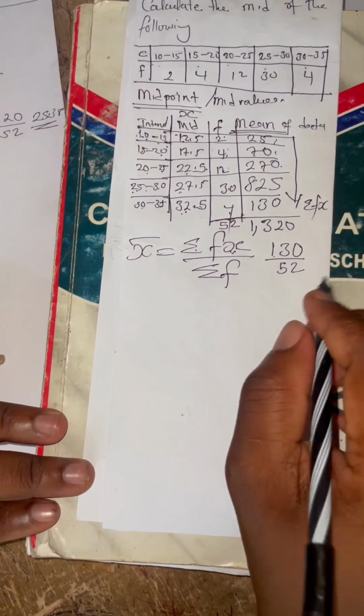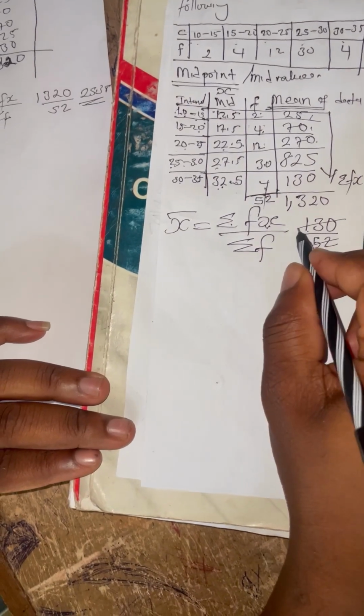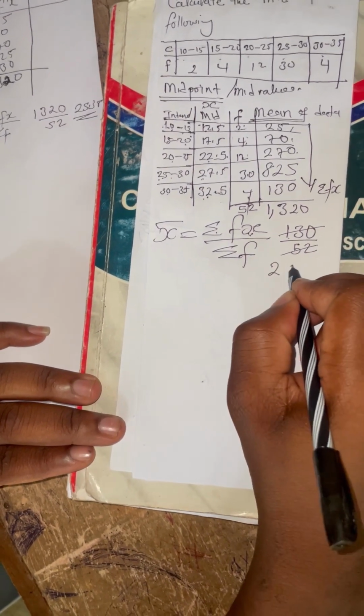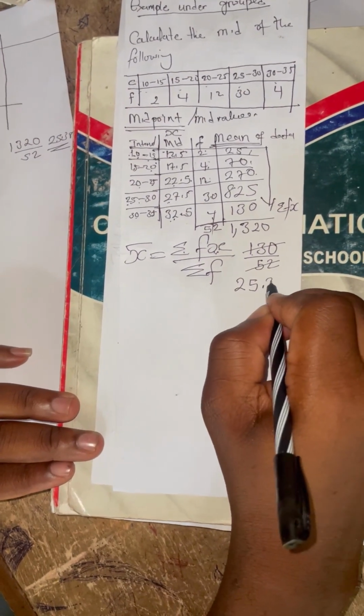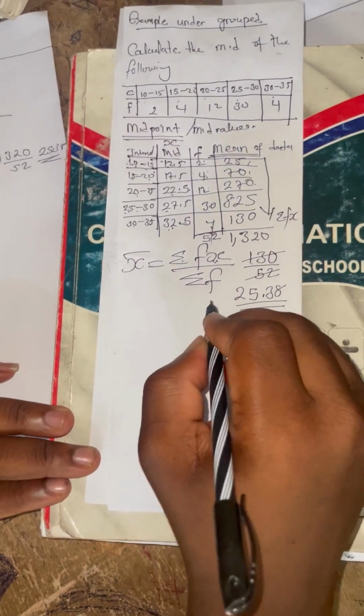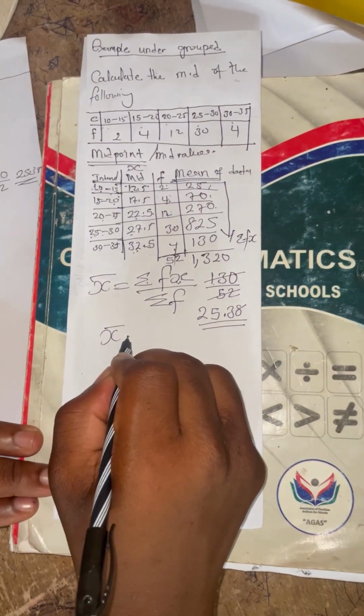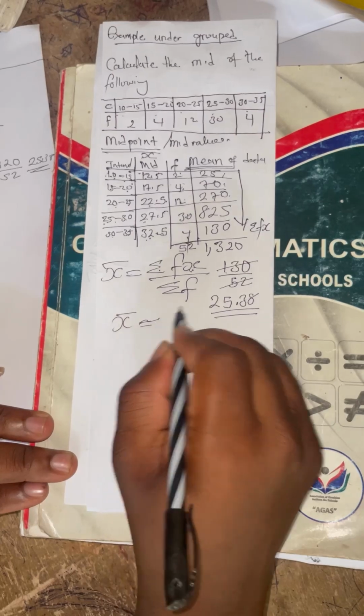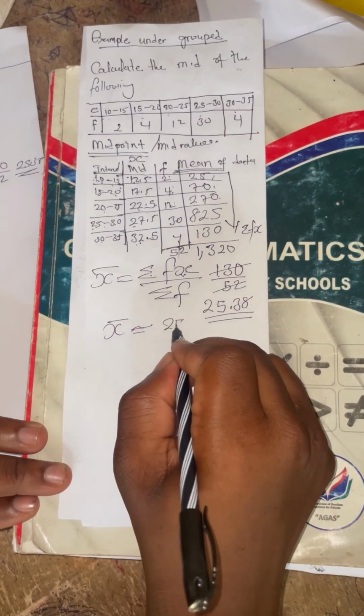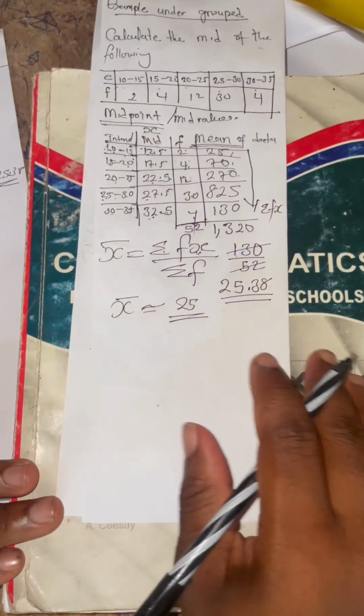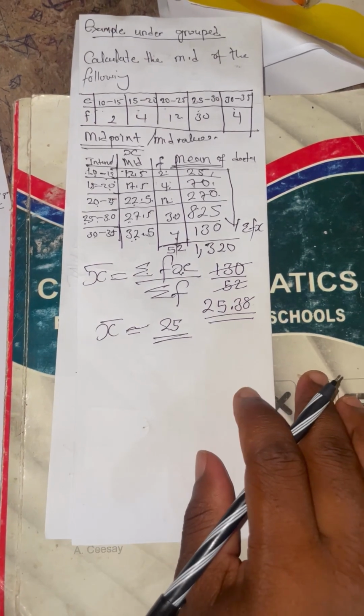That is going to give you 25.38. So we can say that the mean now will be approximately, let us round up, 25. So this is what we need for the mean. We have found the mean.